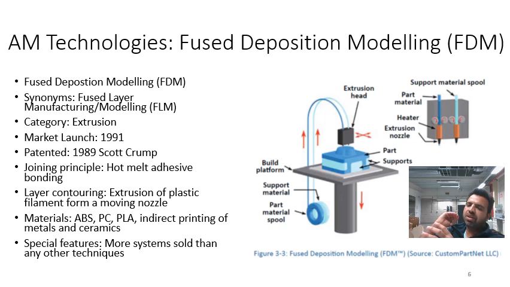And the solid filament moving in with the help of rollers provides the pressure for the extrusion. ABS, PC, and PLA are mostly printed into parts by using fused deposition modeling.